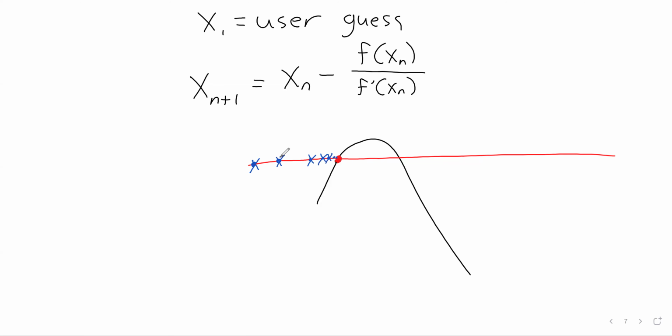But Newton's method will never actually give us the root. It will never get us there perfectly. And this idea that we're getting closer and closer to some value without ever actually reaching it, hopefully sounds familiar. That's a limit.